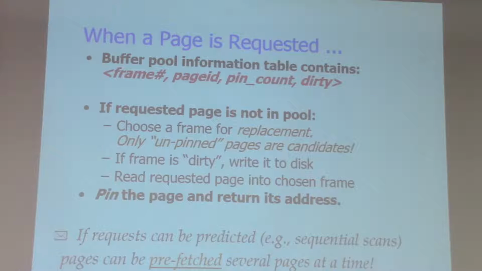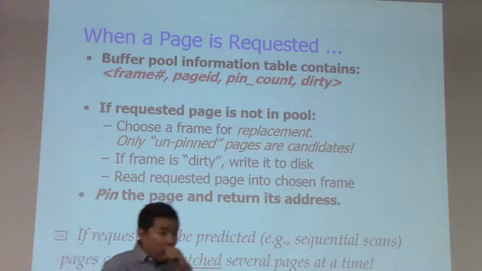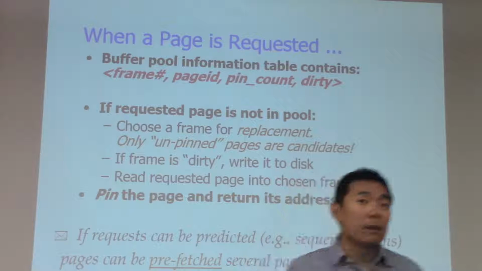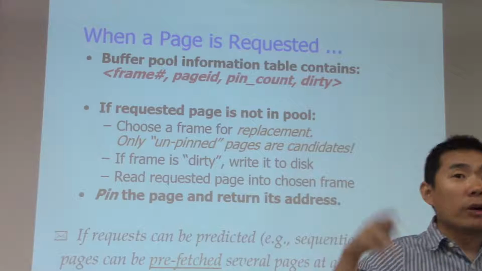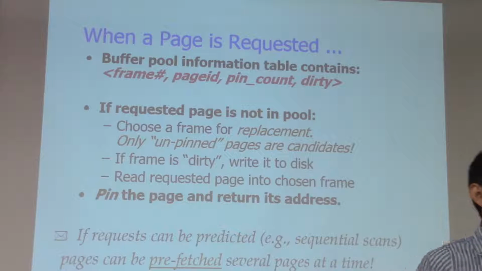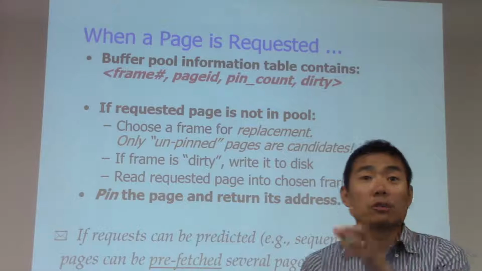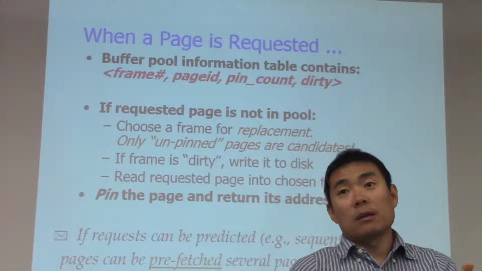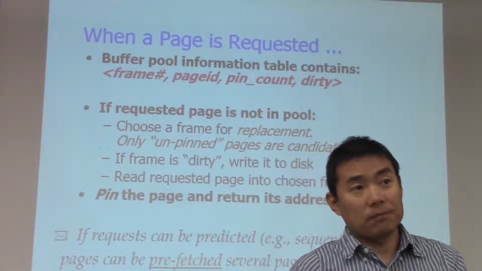The final piece of the puzzle, if you think about this whole thing, is that I may still have multiple what we call unpinned pages. Unpinned pages are those page frames with pin count equal to 0. I may have multiple of them, and then I need to make a choice.